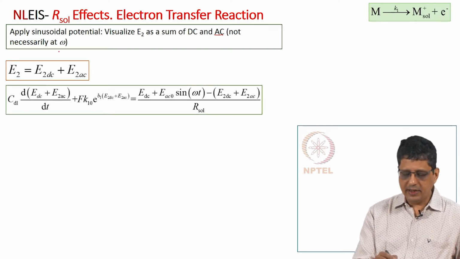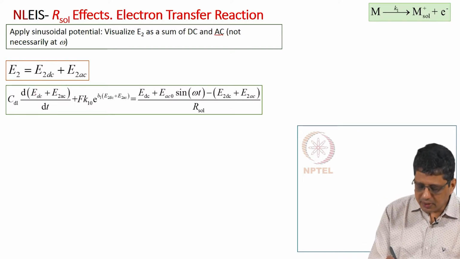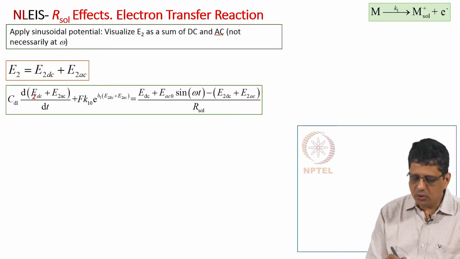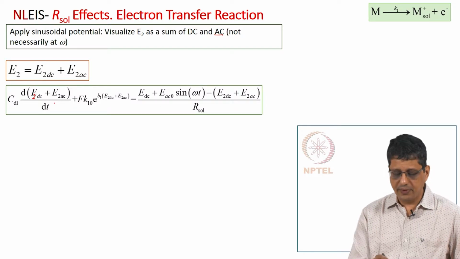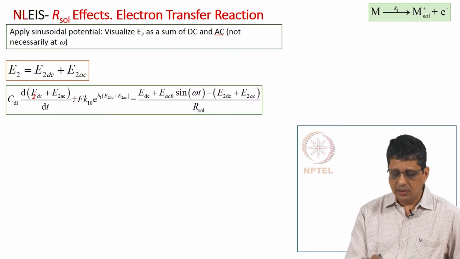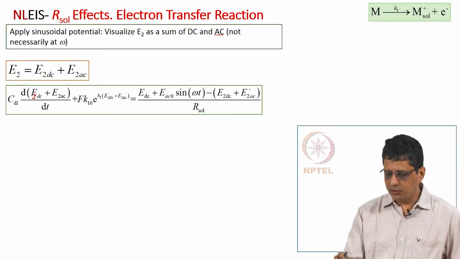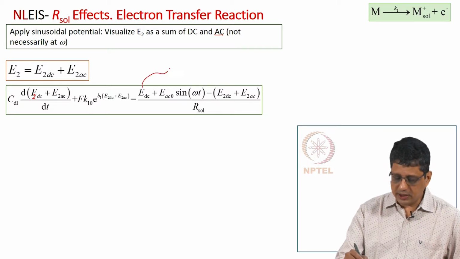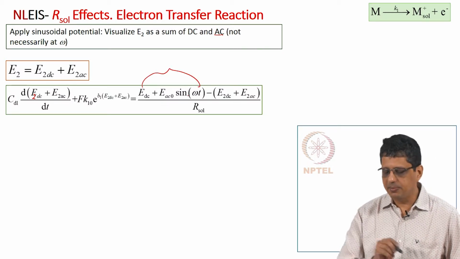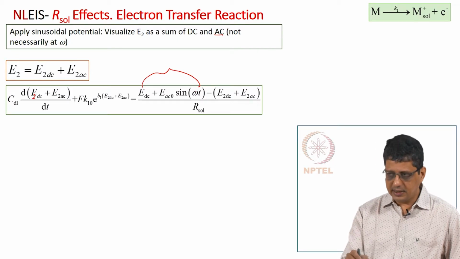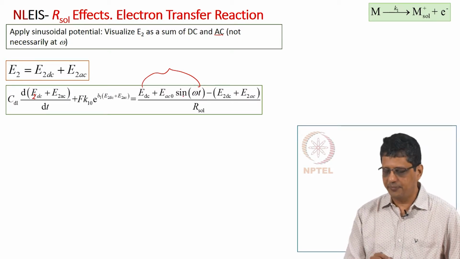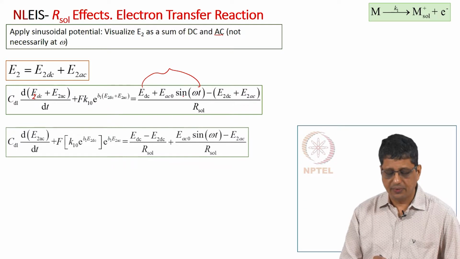So, you can write the equation, instead of E2, as E2 DC plus E2 AC. This is the potential that we apply, a DC bias plus an AC potential, and that is at the sinusoidal frequency omega. We control that.